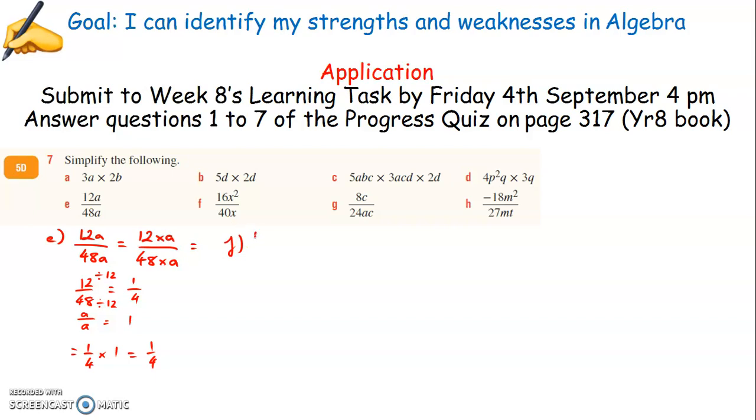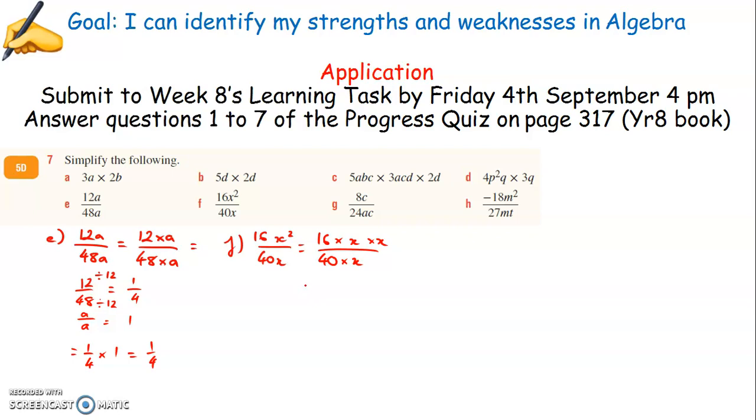For f, we do something similar. So 16x squared over 40x. That's the same as 16 times x times x over 40 times x. Now, I'm not going to break it down like e. You can do it, but I'm going to do it right here. So, what number can go into 16 and 40?